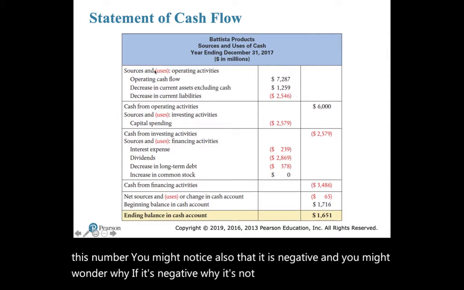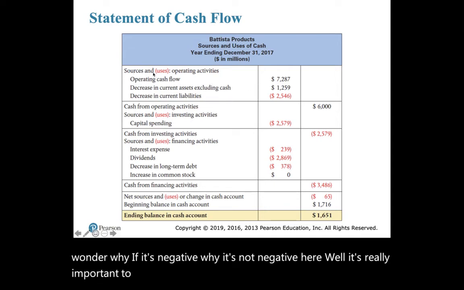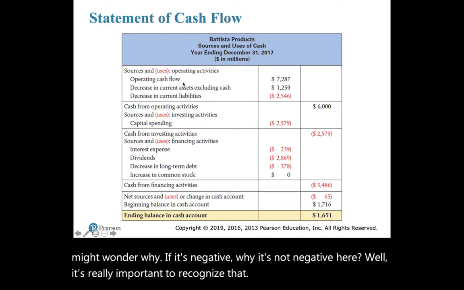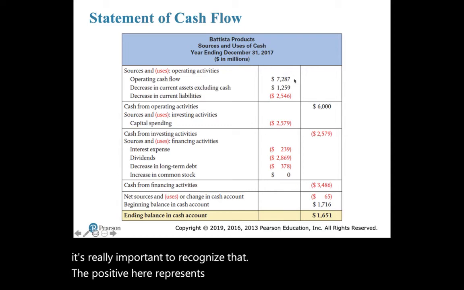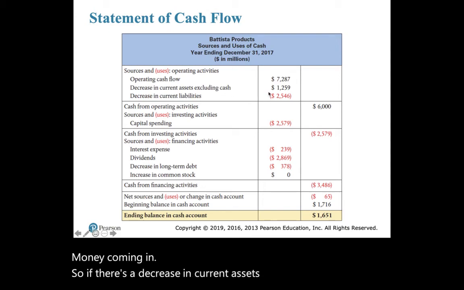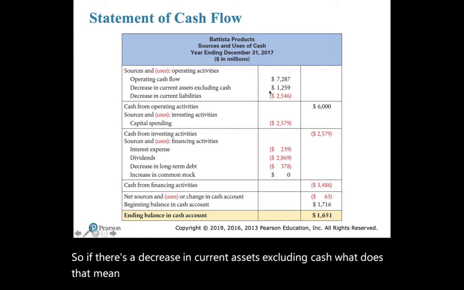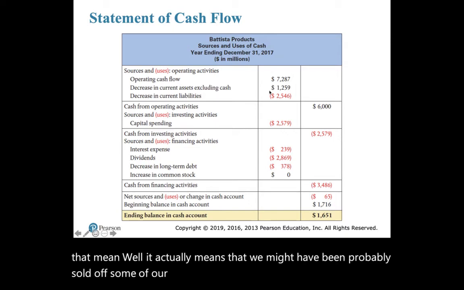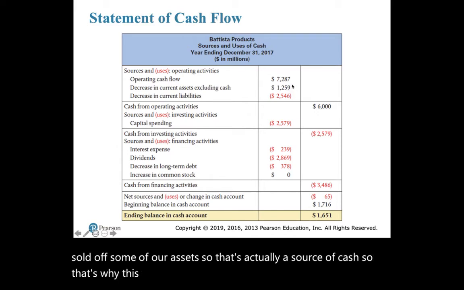Well, it's really important to recognize that the positive here represents the sources of cash, right? So this is money coming in. So if there's a decrease in current assets, excluding cash, what does that mean? Well, it actually means that we probably sold off some of our assets. So that's actually a source of cash. So that's why this is positive, okay?